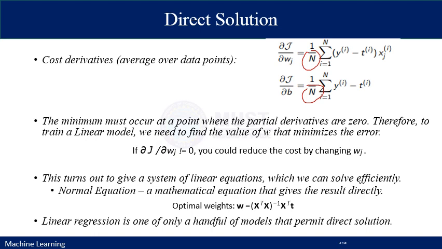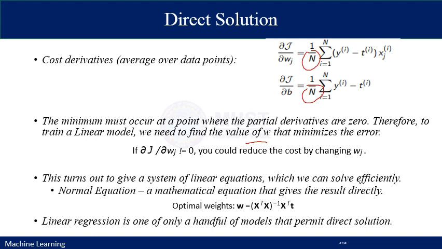However, it is not always the case that you find the actual weights where the partial derivative is exactly zero. There are cases where you can find a linear model and you can find the value of the optimal weights that minimize the error.